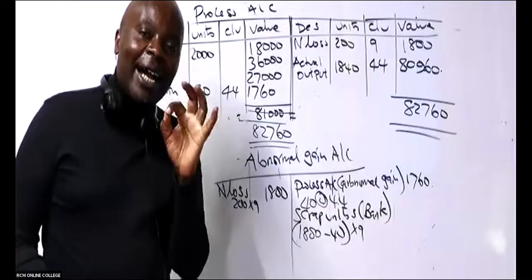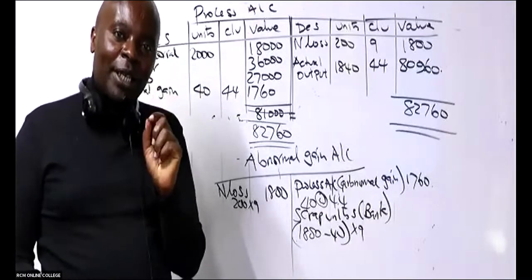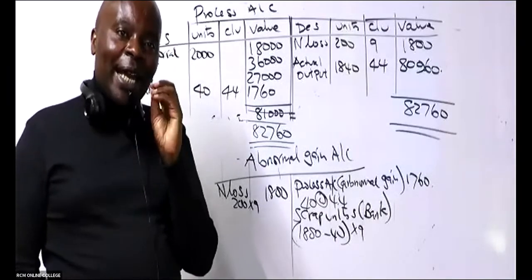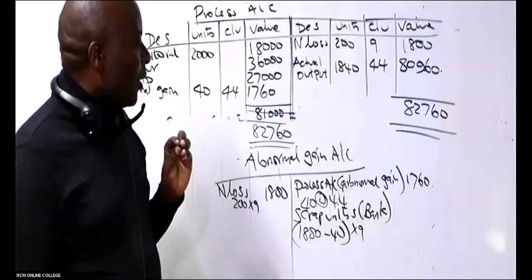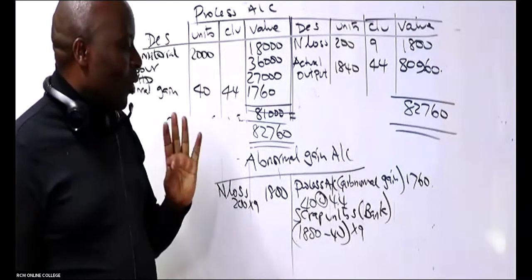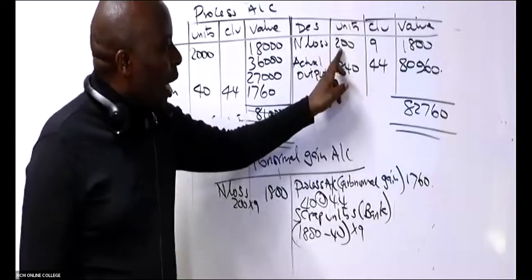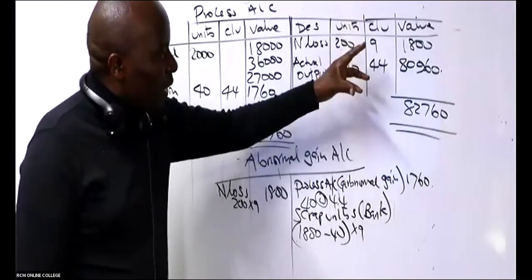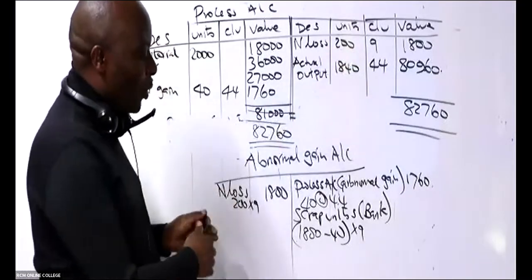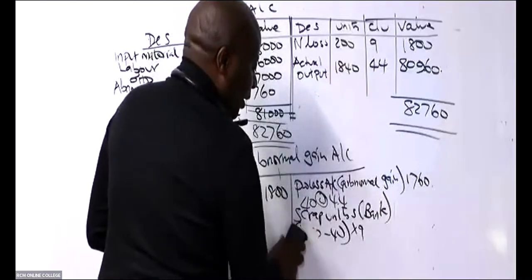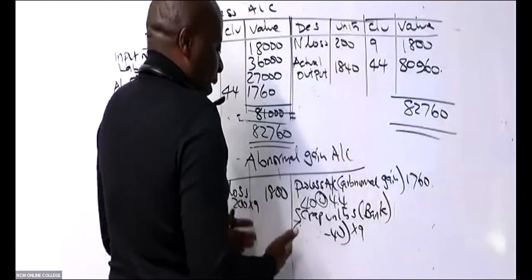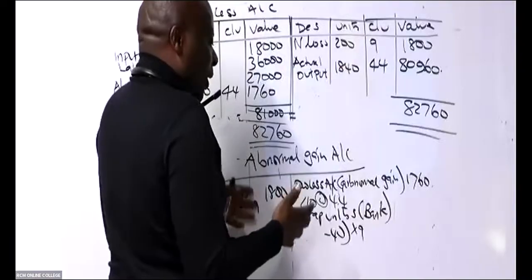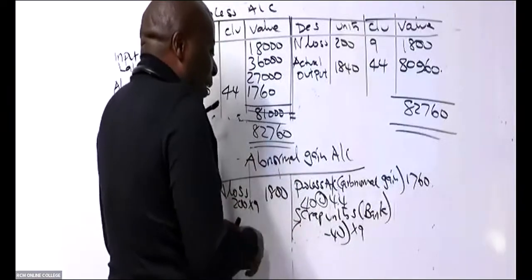Because you see, as process costing experts, we expected the loss to be 200 units. Sorry for that, I was picking the value.